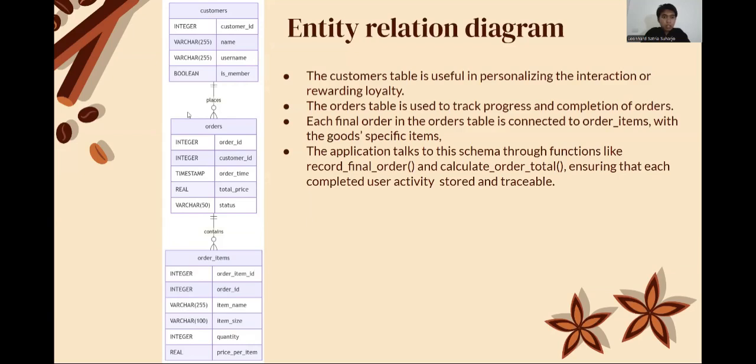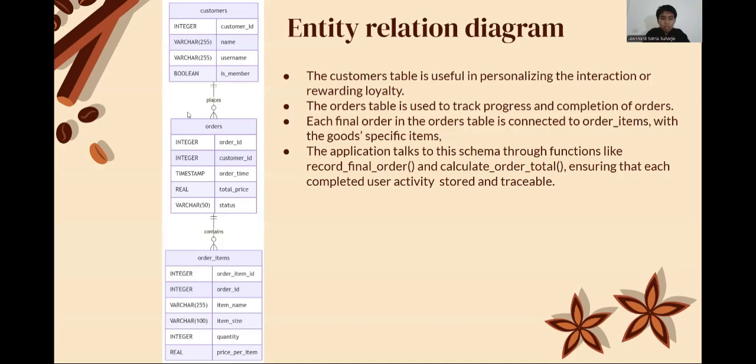And as we can see, let's say if a customer has an order, then the order will be inputted into the order table, which contains the customer ID, of course, so that when we want to refer to an order, in order history, for example, we can see who ordered it by looking at the customer ID.